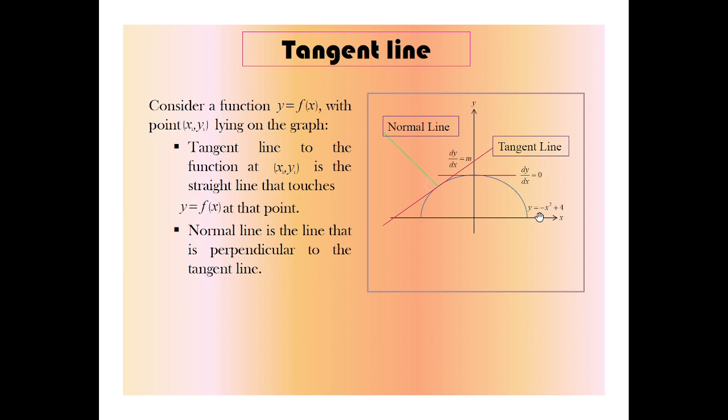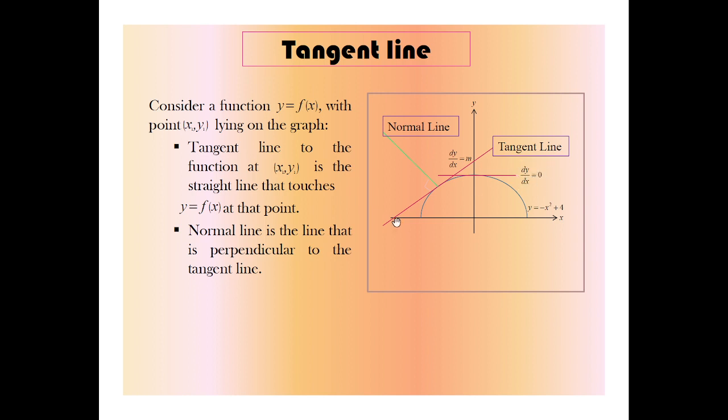So when we have dy/dx equal to negative 2x, basically you will get this kind of straight line. You can see the movement of my cursor here. At this line we have dy/dx equal to 0, which means the gradient equals 0.